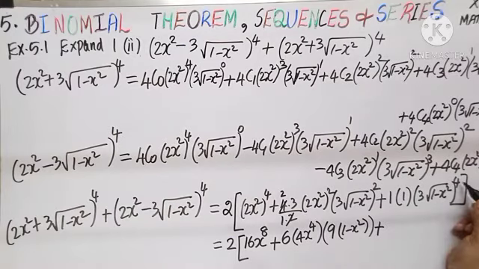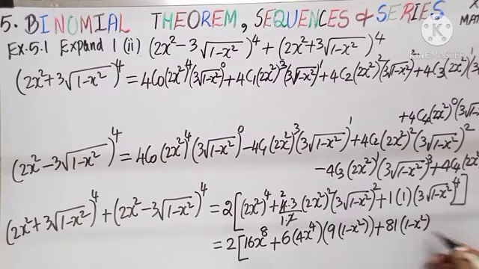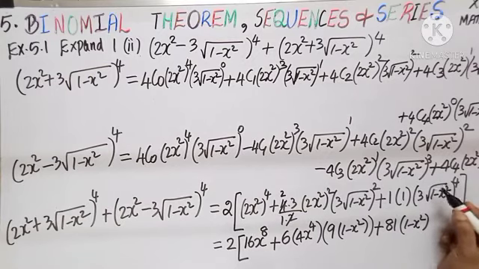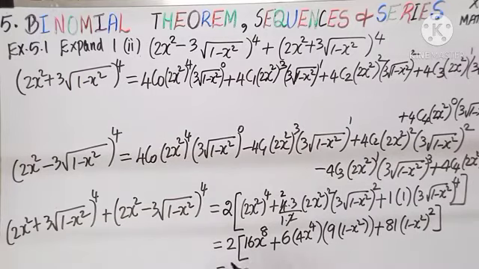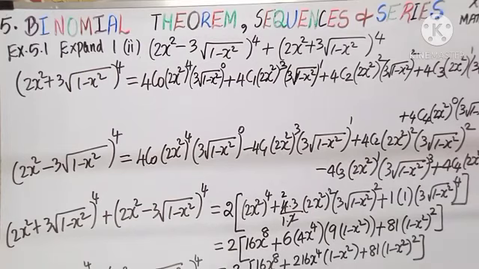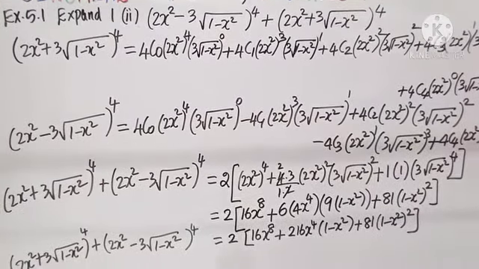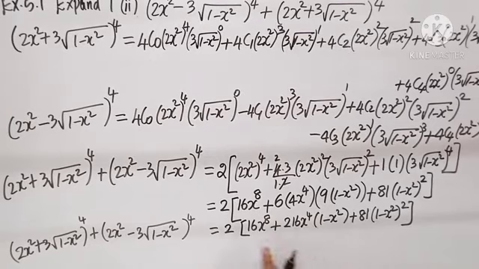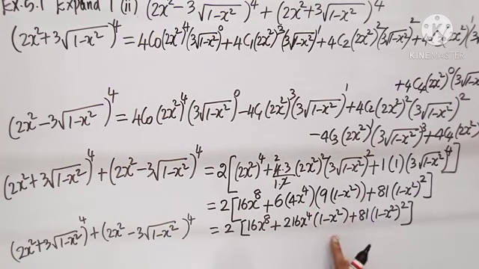Plus 3 power 4, 81. 1 minus x square, root power 4. Root tells me power 1 by 2. 1 by 2 into 4 is whole square. We can still expand it by multiplying. As we simplify, we get it is 2 times 16x power 8 plus 216 x power 4 into 1 minus x square plus 81 1 minus x square the whole square.